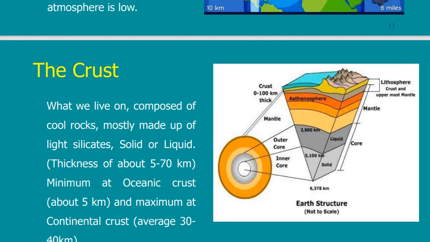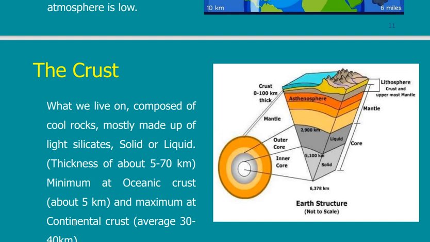Do you know the meaning of oceanic crust and continental crust? The crust is like a plate. This plate, what does it carry? Does it carry water on top of it? If it carries the oceans, then it is called oceanic crust. So it is the crust that on top of it we have the oceans.